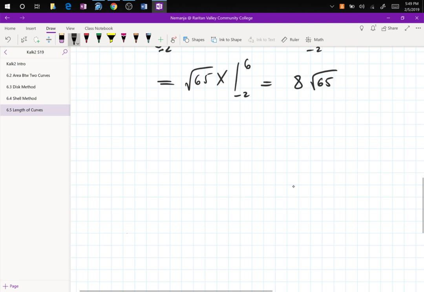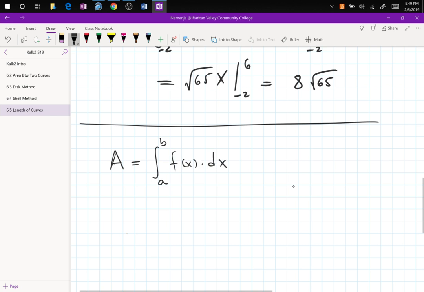So when you find an area using the integral, and we'll talk about this at the end of the class today, you have f of x times dx. And you can see that technically you have y times x, which is two-dimensional, and that's why you do get an area.